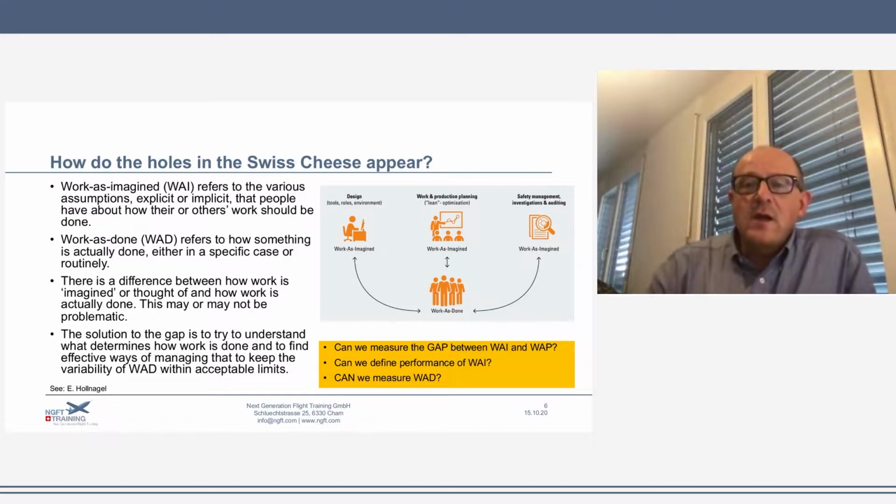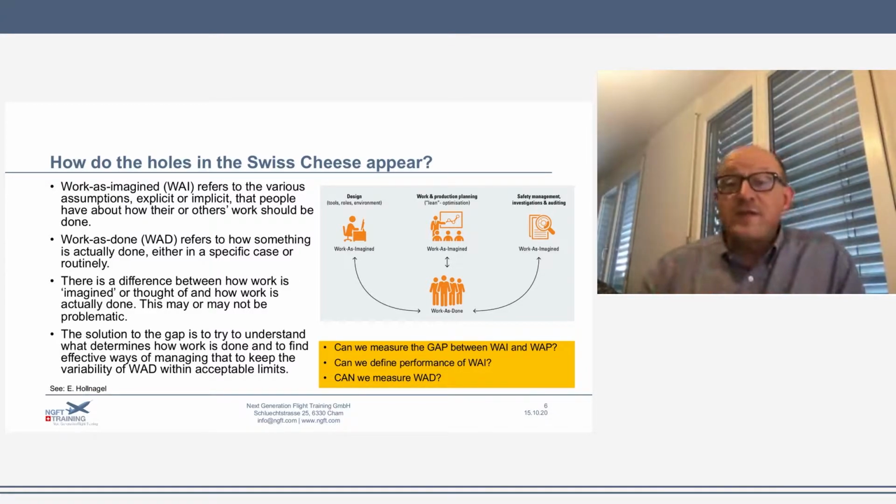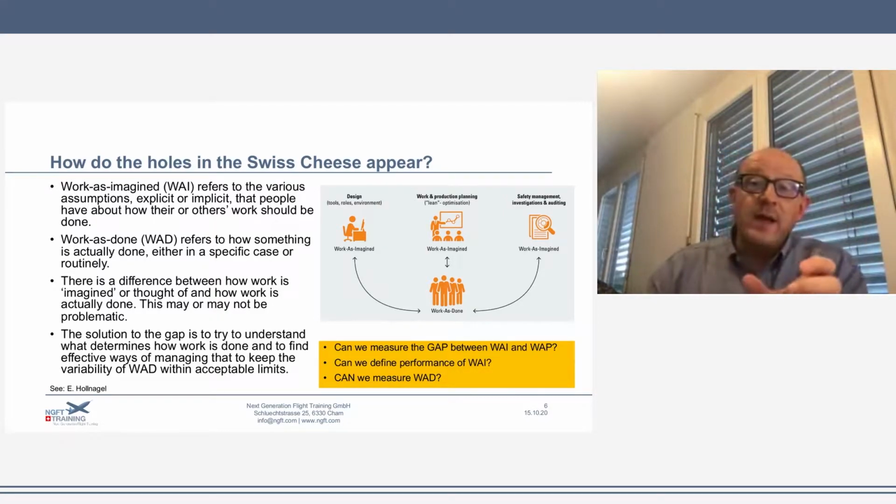If one condition is not fulfilled, it's 75%. If a second condition is not fulfilled, it's 50%. So we need to be able to measure that and define how it is to be measured.